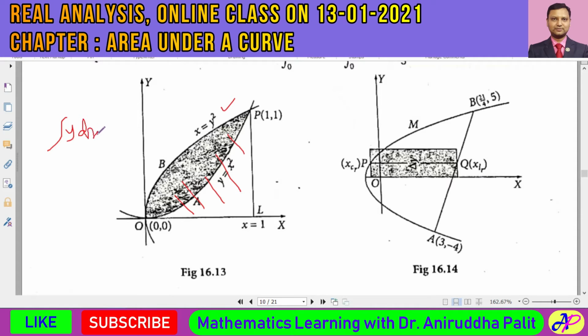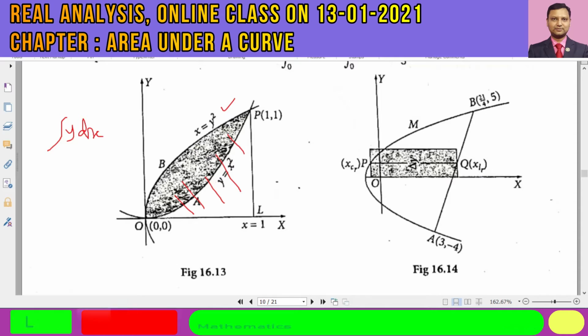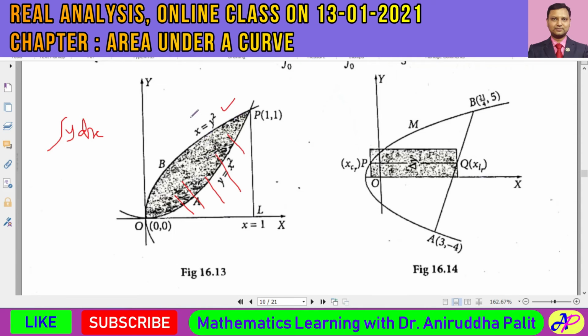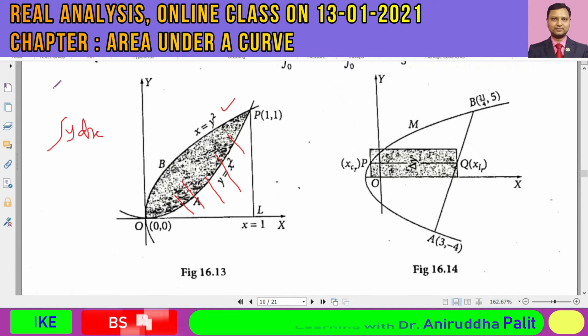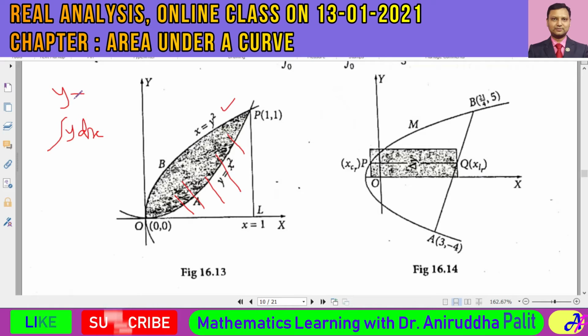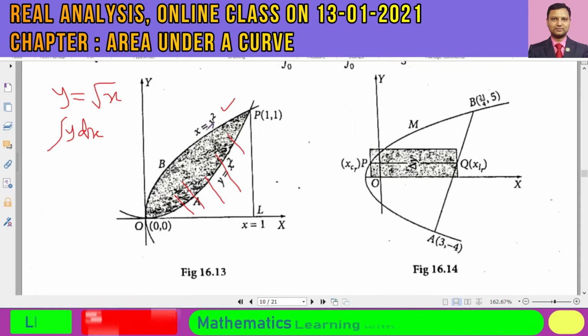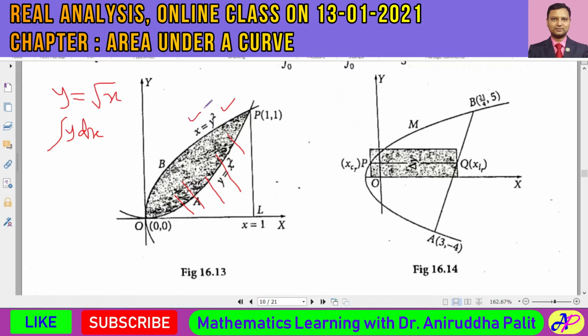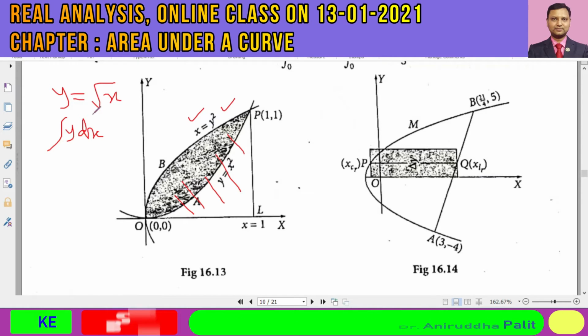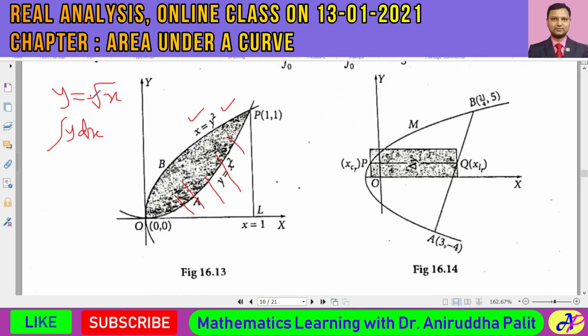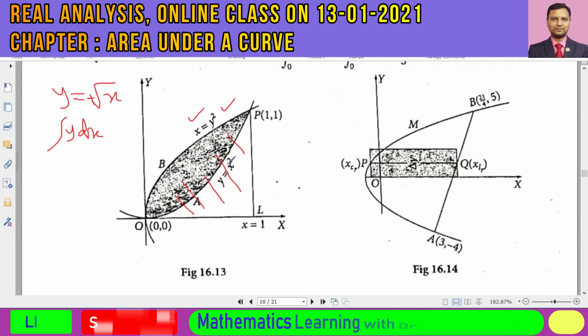And what would be y over here? y would be equal to the positive square root of x, because in the upper curve y square is equal to x, and in the first quadrant x and y are positive, so we have to consider the positive square root of x.